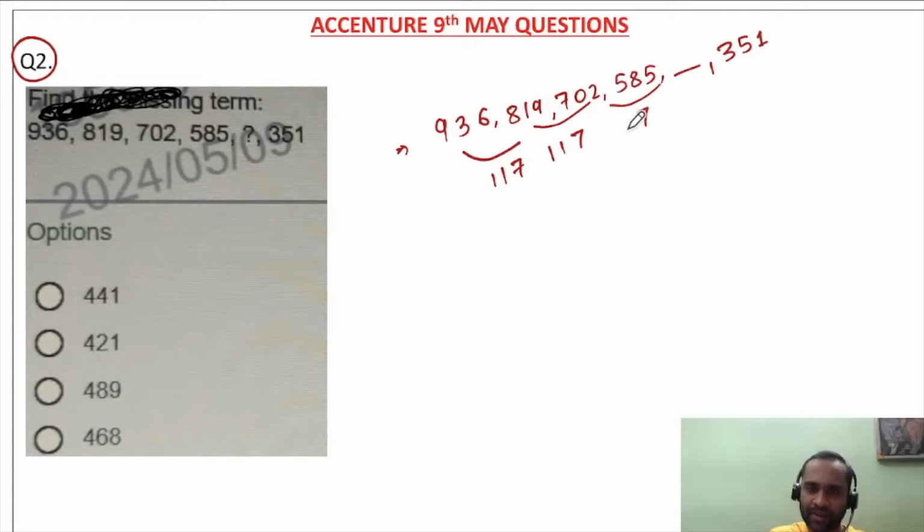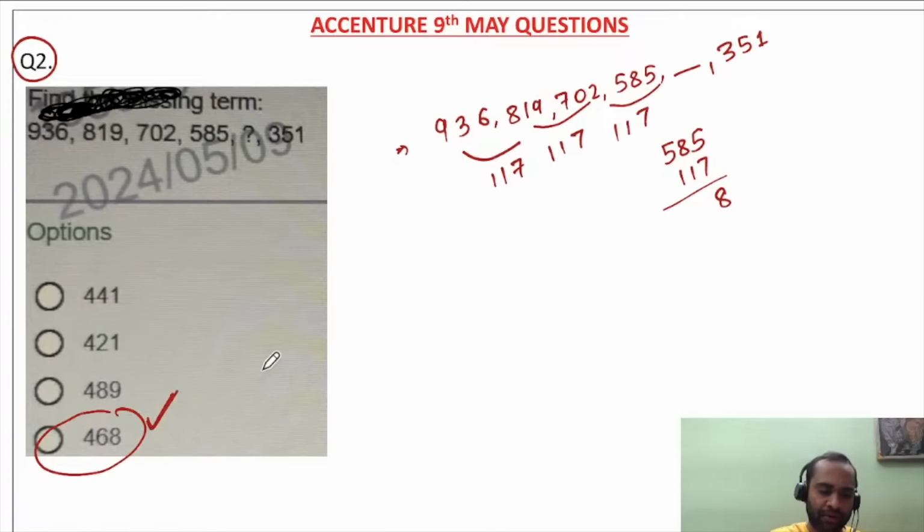Here also it is 7 1 1. So the next difference would also be 117. That's how you will be able to get the answer. 15 minus 7 is 8, and here 7 minus 1 is 6, so 468 will become the correct answer for this particular problem.